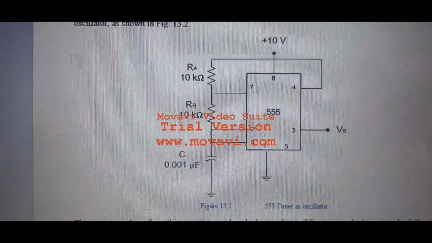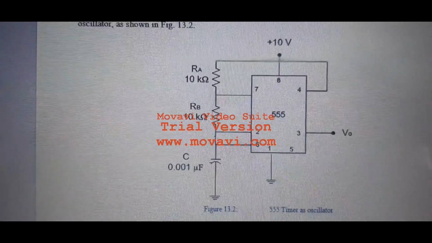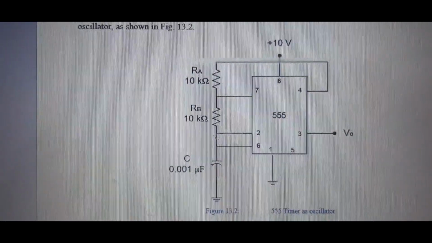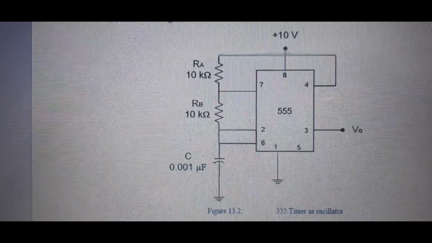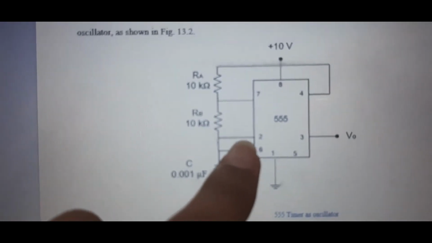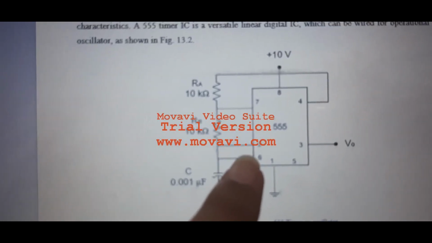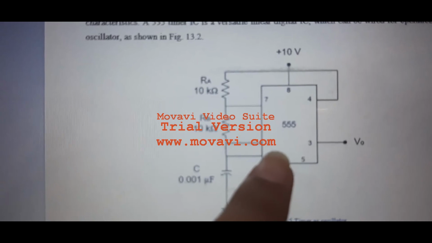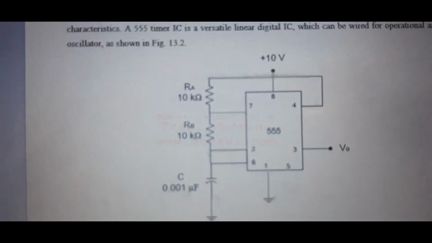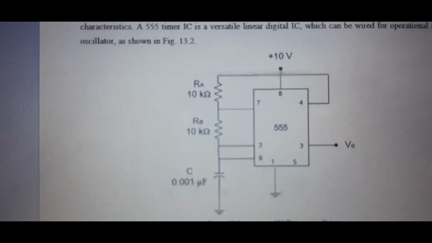Figure 13.2 shows what I was describing, which pin is used for which purpose. You can see that pins 2 and 6 are combined. Here 2 and 6 are used for the input, and pins 3 and 7 are used for the output, and the rest of the pins are used for the operation of the oscillators.